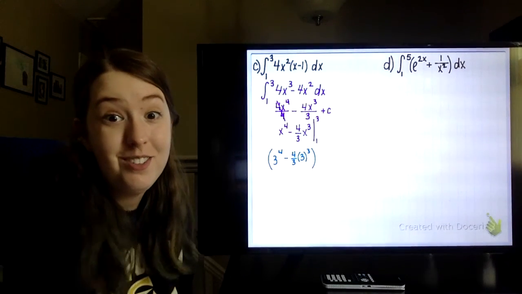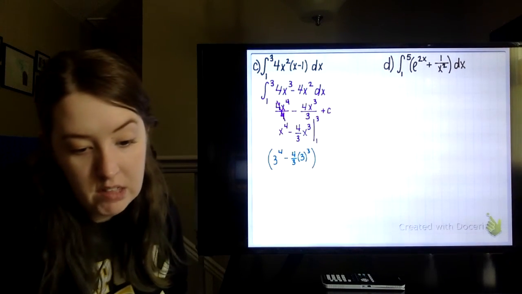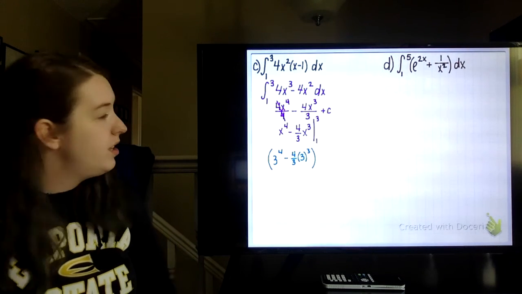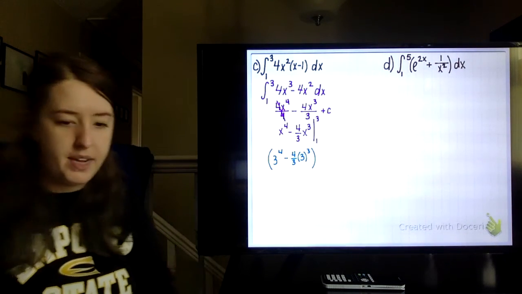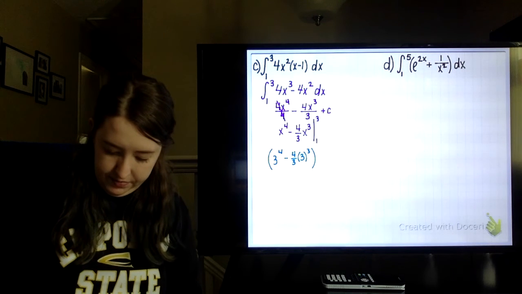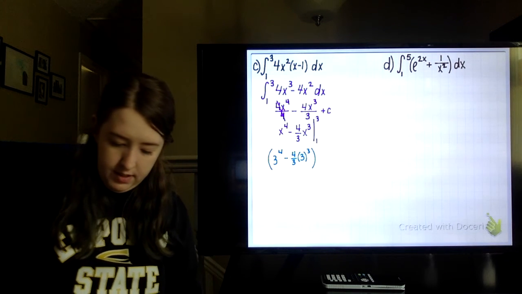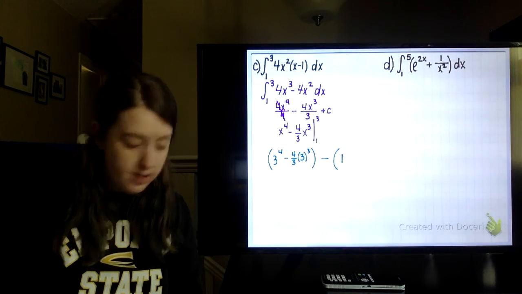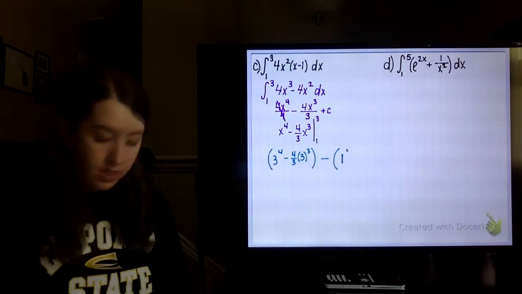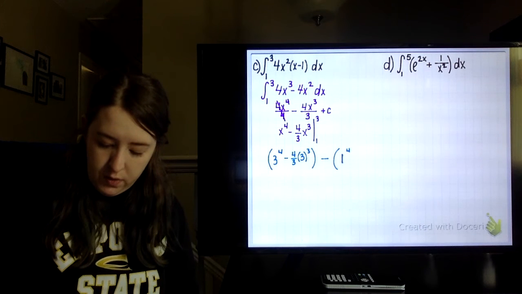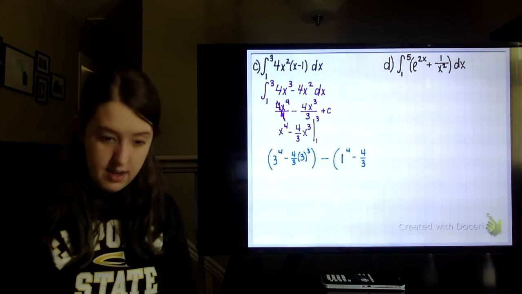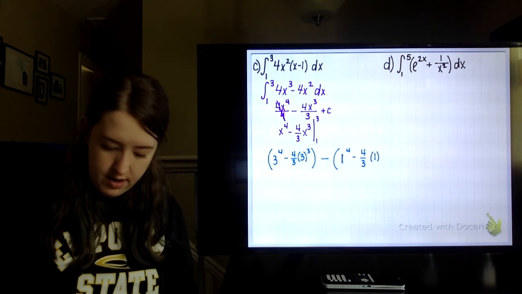Minus. And then we're going to plug 1 in over here. So now we have 1 to the fourth minus 4/3 times 1 cubed.